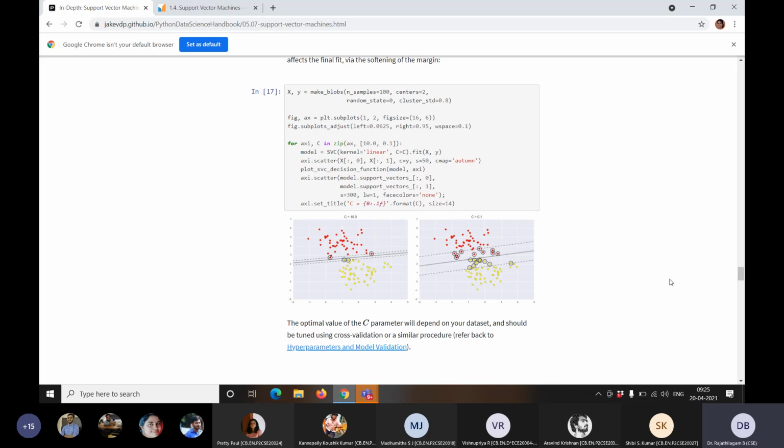Support vector machines, it depends on the complexity of the data set. Support vector machines have been competing with deep learning models also. Depending on the data set, you can choose whether it is support vector machines or deep learning. If support vector machines are able to do the job, you don't have to go for deep learning.